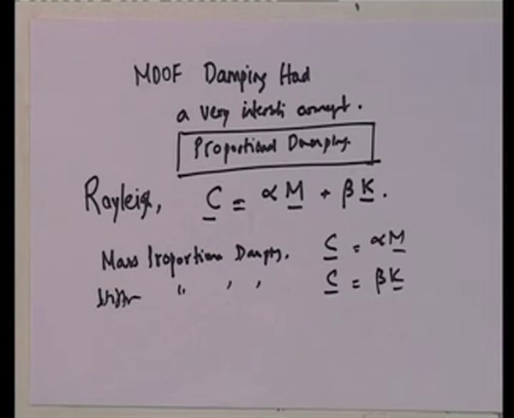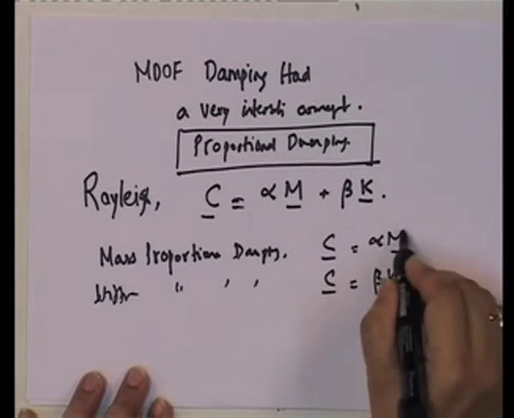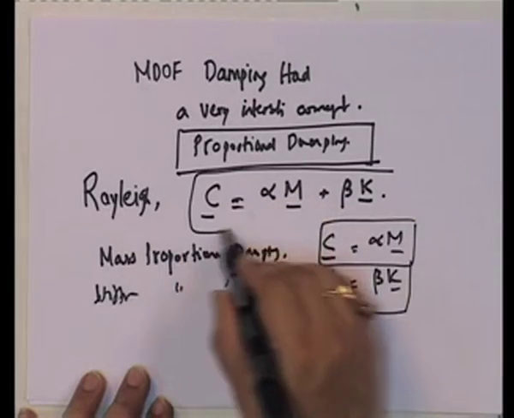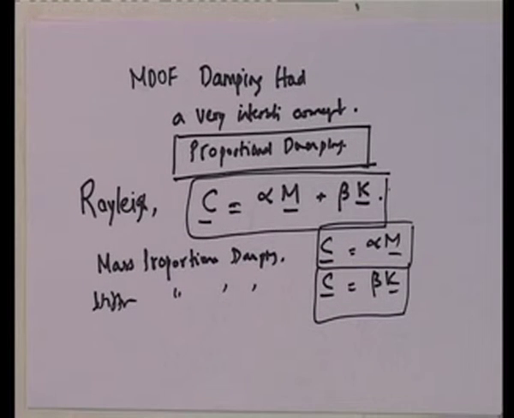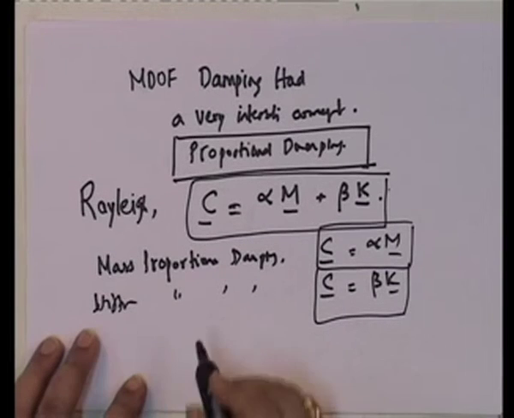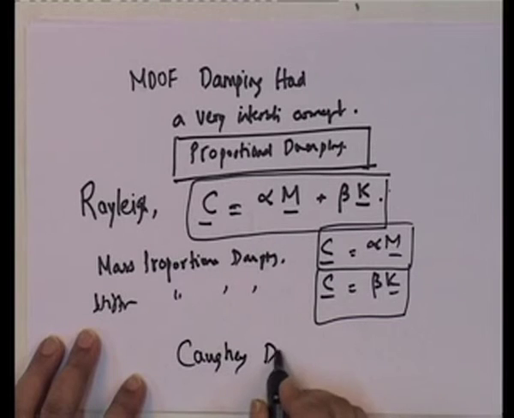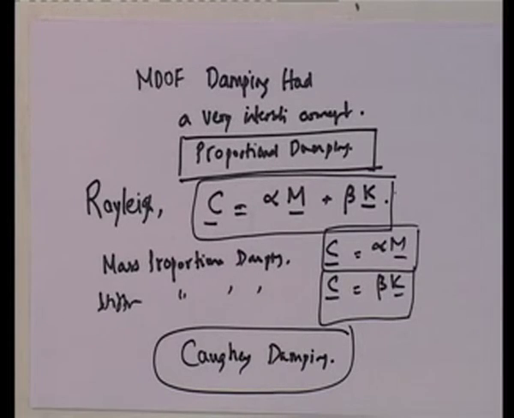So the question becomes, so what? We still do not know. Let us look at these first, and then we will slowly look at a broader kind of damping, which is called Cauchy damping. I will come to this Cauchy damping later on in the next lecture.